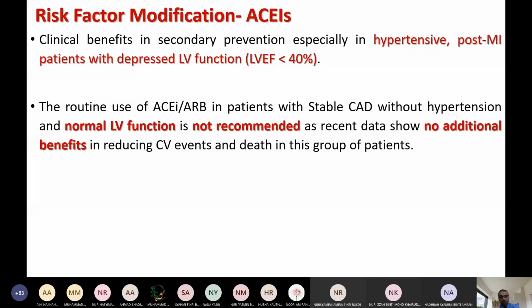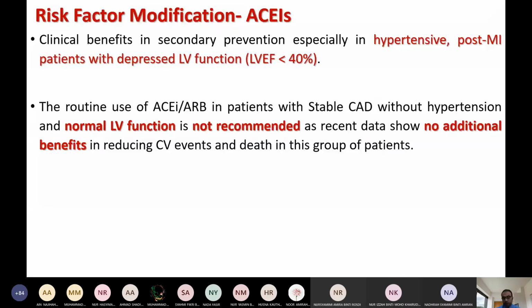Okay, so as we mentioned: hypertension, post-MI, and reduced left ventricular ejection fraction. But offering it to anyone is not the case, and it is not the recommendation of the guidelines.